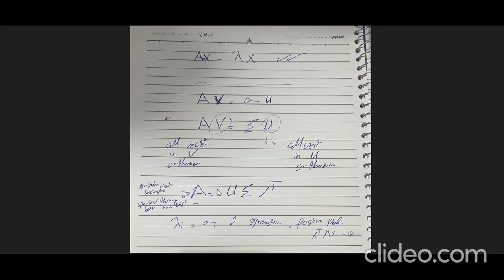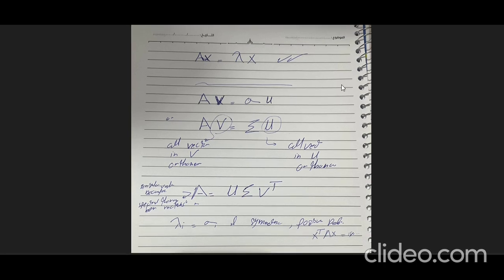What does this represent physically? V, especially the one associated with the highest sigma, is the vector that has been subjected to the maximum change by this matrix. It has been stretched the most, changed the most, and also rotated.